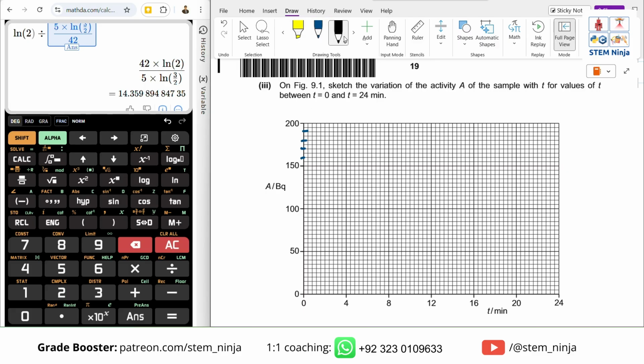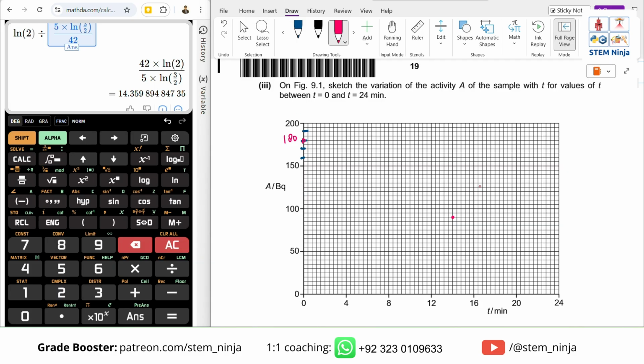This is going to be our first point, 180. And at 14 minutes later, it should be 90.